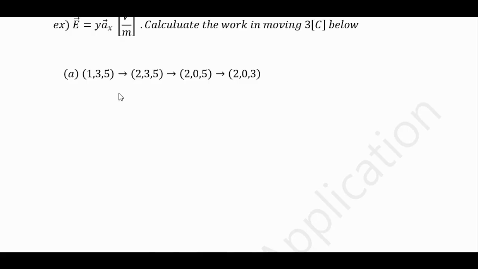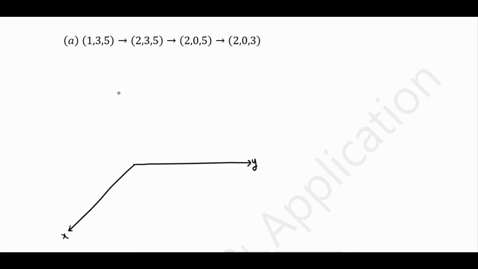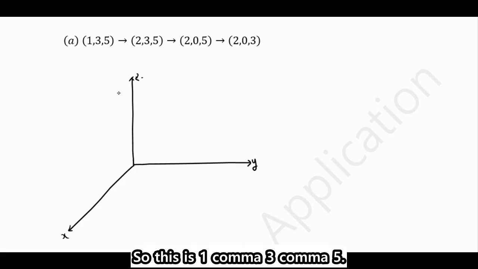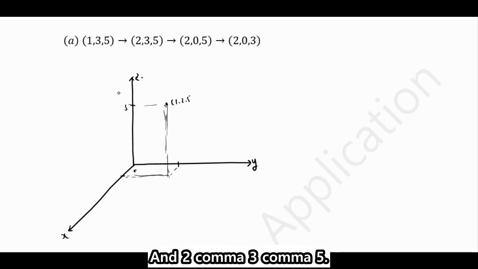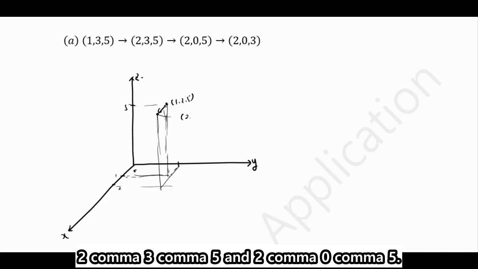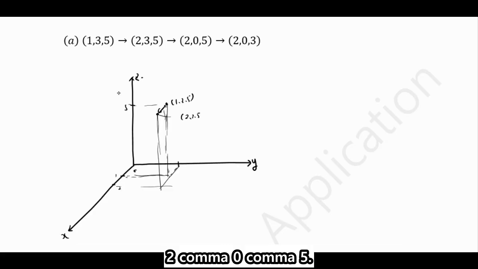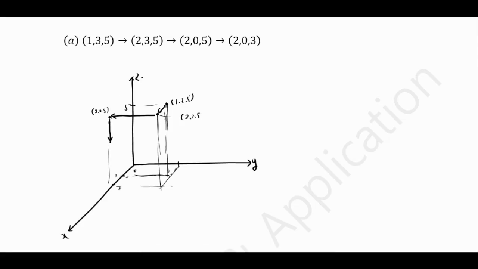The first question is, with axes x, y and z, the points are 1, 3, 5 and 2, 3, 5, and 2, 0, 5, and 2, 0, 3, like this.